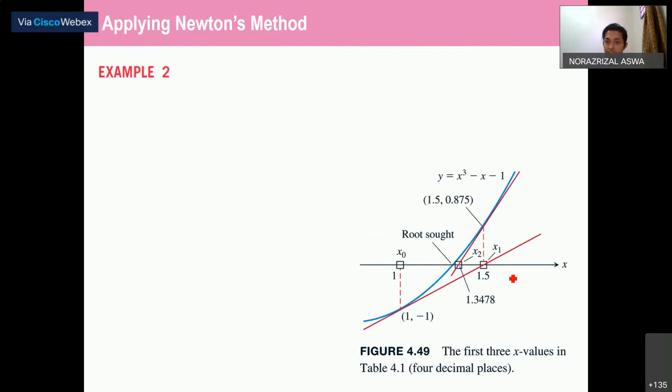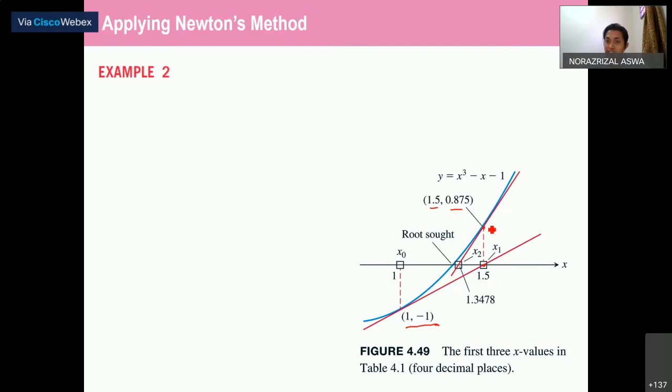So just now we started with 1. If you still remember, we find the 1, minus 1, and then perform. This is what is behind Newton's method. You have the tangent line equation, then you find the root, the second approximation x1, and then again you find the point on the curve, 0.875.